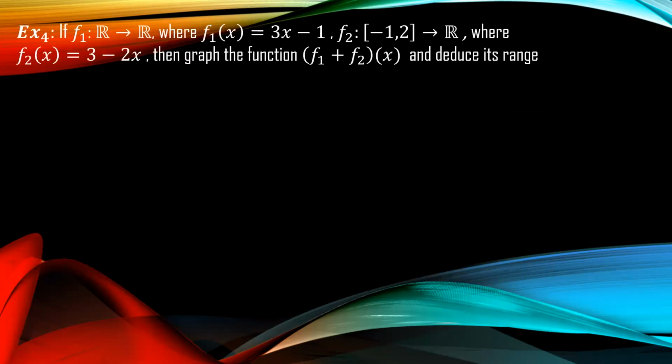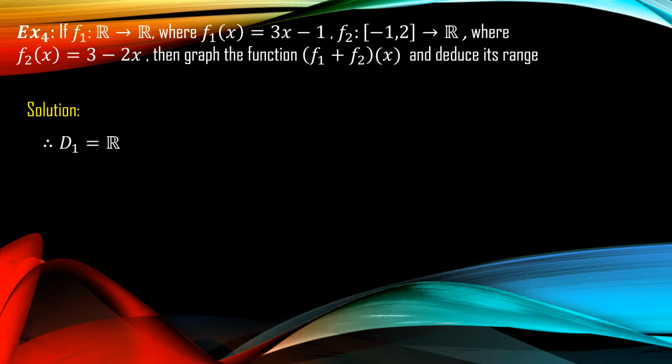Exercise number 4. If f1 is a function from R to R, where f1 of x equals 3x minus 1, and f2 is a function from the closed interval negative 1 and 2 to R, where f2 of x equals 3 minus 2x, then graph the function f1 plus f2 of x and find its range.